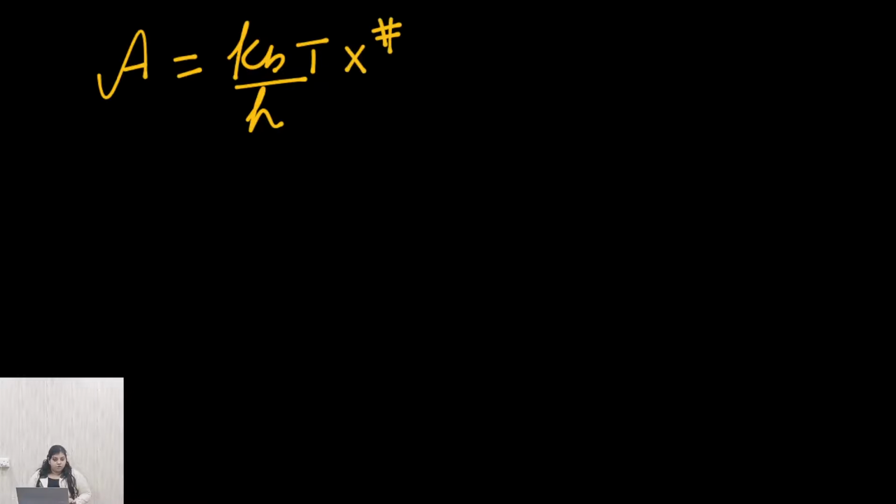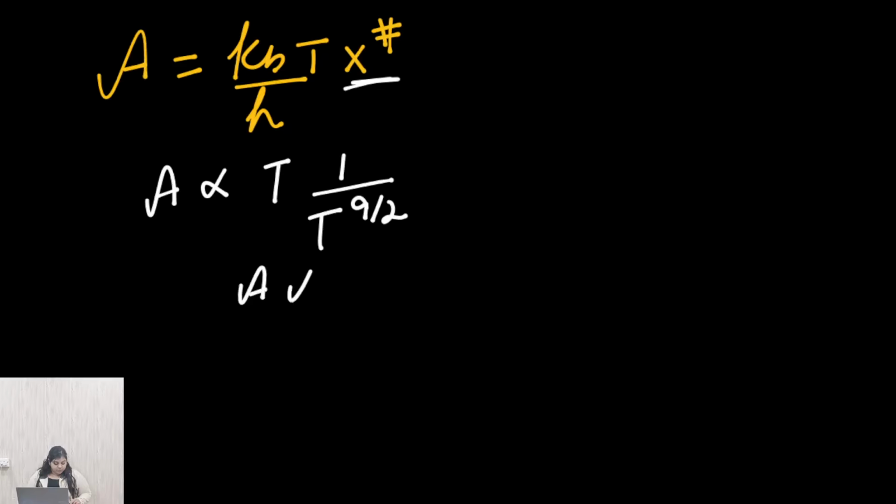Now for the A value, it is kBT upon h into this x vector that we have got, like this, for the activated complex, x bar. So we are seeing A is proportional to temperature into this T value that is proportional to T raised to the power of 9 by 2, which implies A is proportional to T raised to the power of 1 minus 9 by 2.